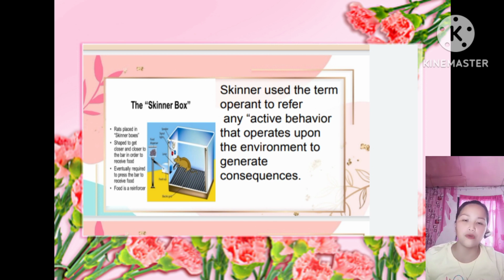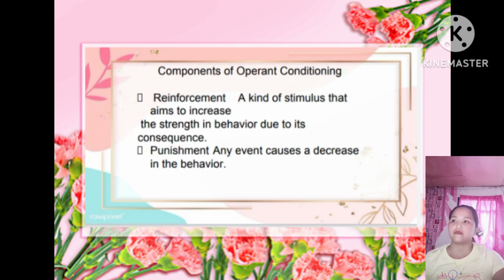So if you do good in your activities, you will receive a certain reward, or it will be a punishment. That's the theory of B.F. Skinner. Skinner used the term operant to refer to any active behavior that operates upon the environment to generate consequences. Again, it is either a reward or a punishment.